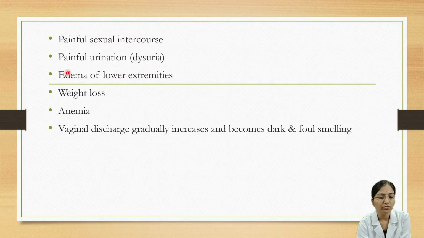Then painful sexual intercourse, painful urination, that is dysuria, edema of lower extremities, weight loss, anemia, and vaginal discharge that gradually increases and becomes dark and foul smelling.